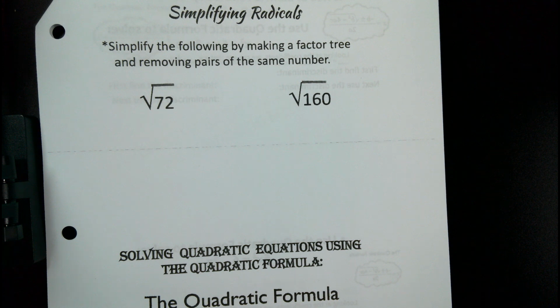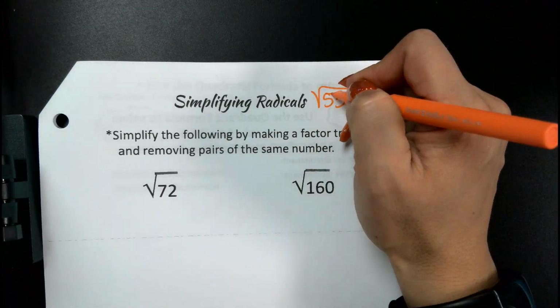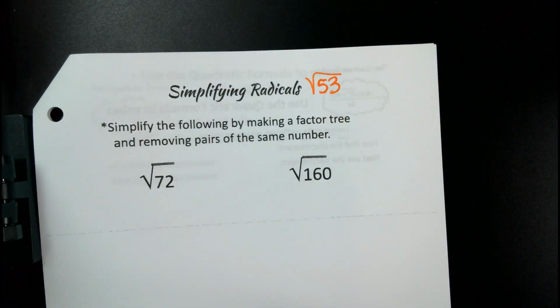So, I know you guys did this last term. You will have to simplify the number under the radical. Before I start this, look at 53. Let's just pretend that under the radical, you had a 53.